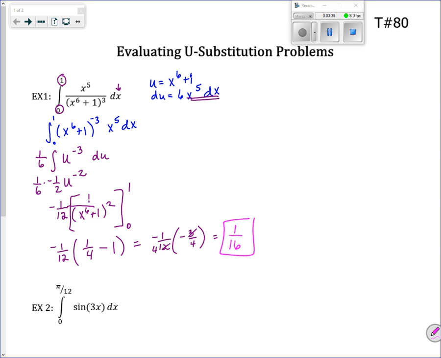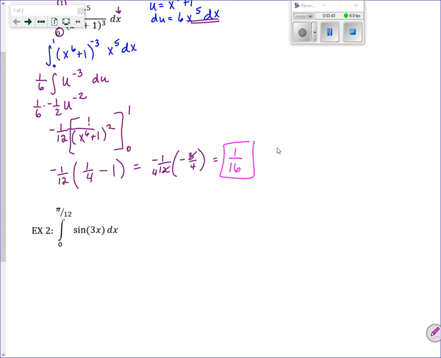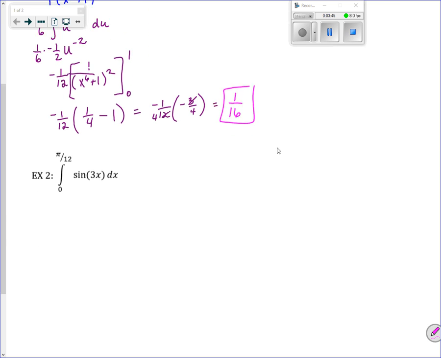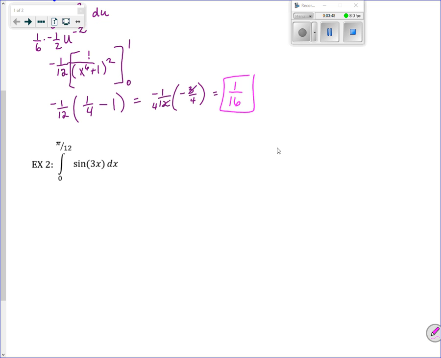Okay. Now let's do the next one. I want you to see if you can do the next one here. I'll give you a minute and see if you can get it. Hopefully you let your u be 3x. So du is 3 dx.